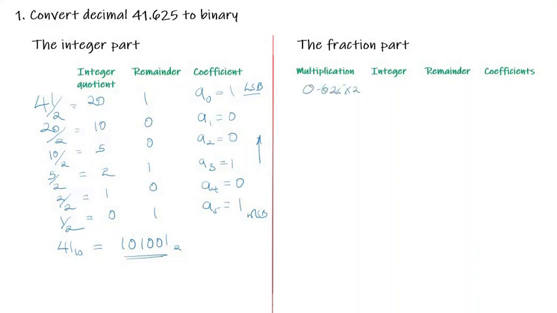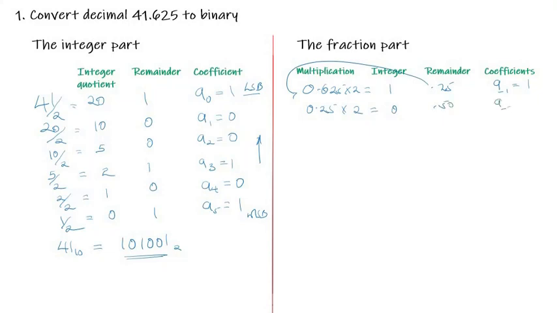We have 0.625 multiplied by 2, which gives us 1.25. So I write 1 as the integer and 0.25 as the remainder, and the coefficient a-1 is 1. The coefficients of the fractional part are equivalent to the integers. Then I bring this remainder here and repeat the same procedure. 0.25 multiplied by 2 gives me 0.50.